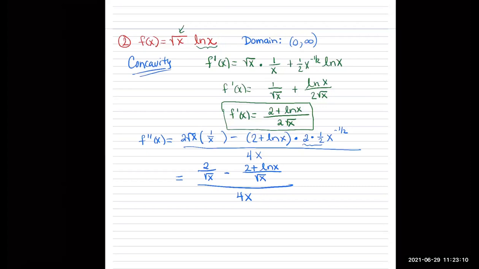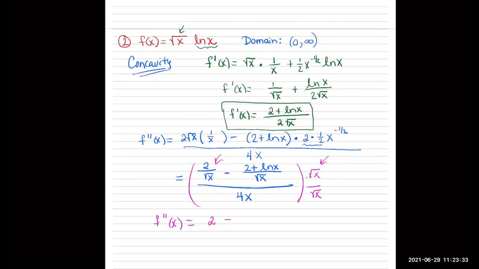Never leave complex fractions, so I'm going to multiply the top and the bottom here by x. So I have 2 over the square root of x times the square root of x. So the square root of x's are going to cancel out. That's nice.